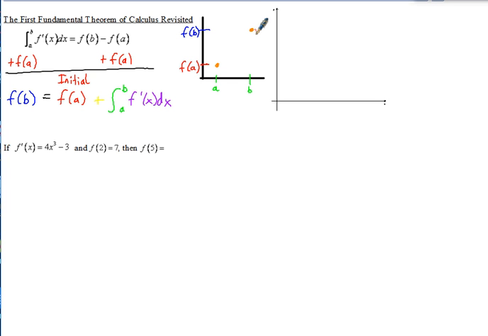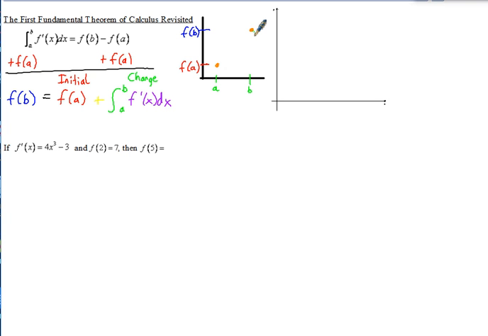Well, if that's the case, then since we're adding this, this must be how much the function changes, starting from f of a and ending up at f of b on the interval from a to b. So we're going to refer to this definite integral of the derivative as the change in the original function on the interval a to b, as it ends up right here.